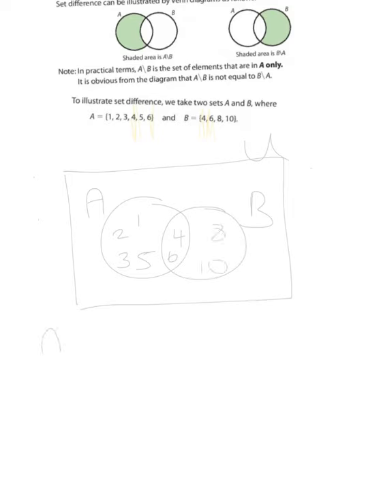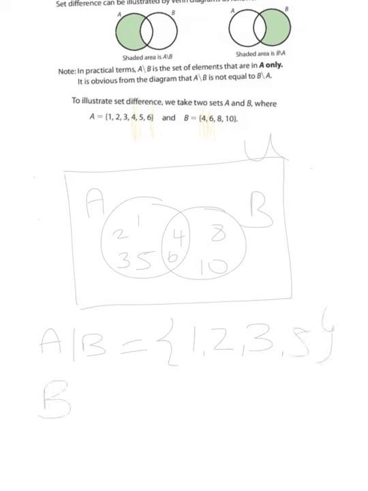So if I was going to write down A less B, so that's A only, or the part of A without B. So B is all this, so I'm not counting any of these. So I'm not counting the 4 and the 6. So what's in A less B is 1, 2, 3, and 5.